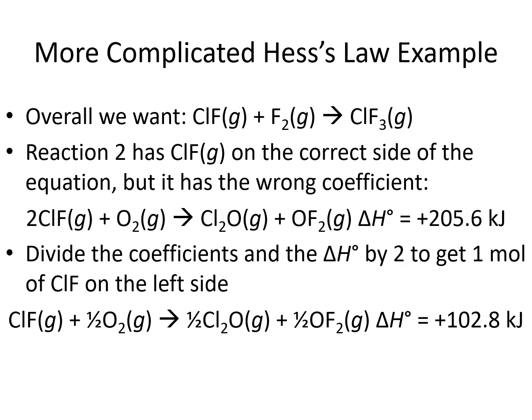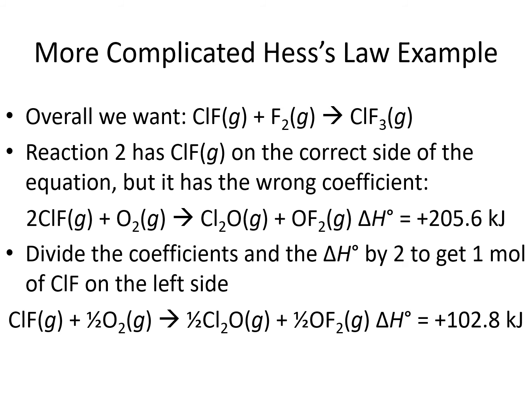So 2 divided by 2 gives us 1 for the ClF. 1 divided by 2 gives us 1/2 for the O2 molecule. 1 divided by 2 gives us 1/2 for the Cl2O. And 1 divided by 2 gives us 1/2 for the OF2. And we do the same division for our delta H. So we had a positive 205.6. We divide that by 2, and it gives us a positive 102.8 kilojoules.